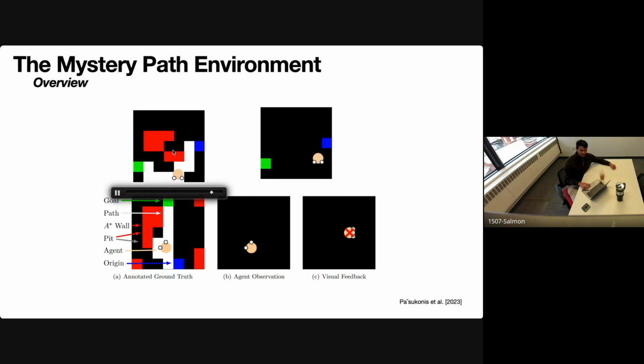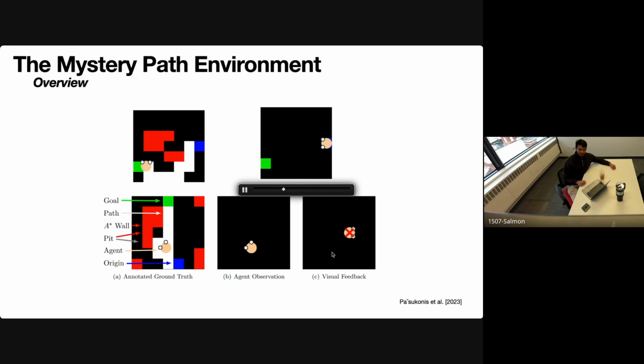The true path is shown here. This path that I'm showing on the left-hand side is not visible to the agent. Every time the agent travels off its path, the episode does not end. What happens is the agent is reset back to the blue state, and it is shown visual feedback as a cross symbol.